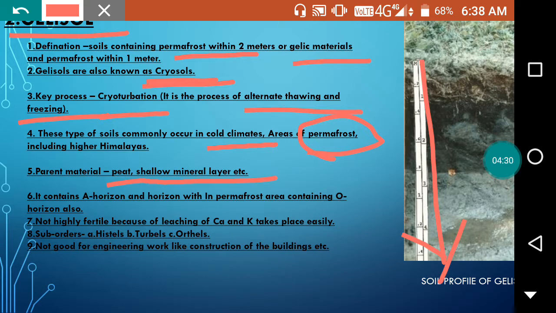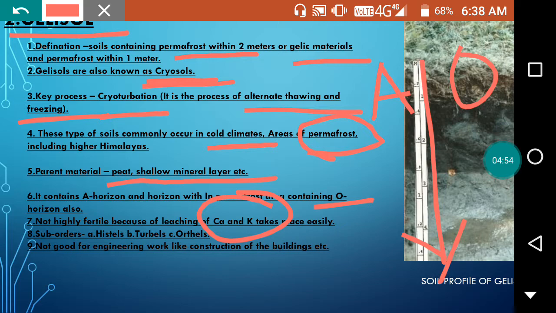And this contains the A horizon and the horizons with permafrost containing the O horizon. There are two horizons, one is the A horizon and another is the O horizon. And after that, it is not actually highly fertile because of the leaching of calcium and potassium.